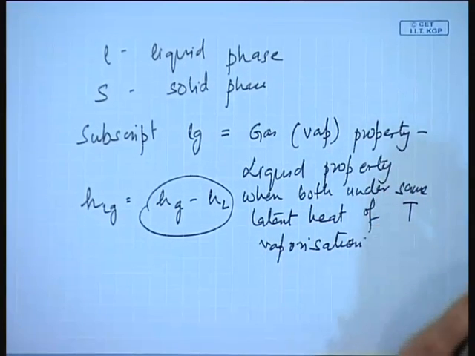This is the thing which you are supposed to remember. When both of them are at the same specified condition, usually the saturation, when both of them are under the saturated conditions.